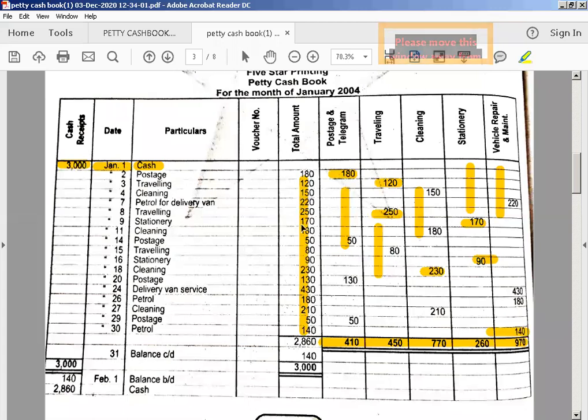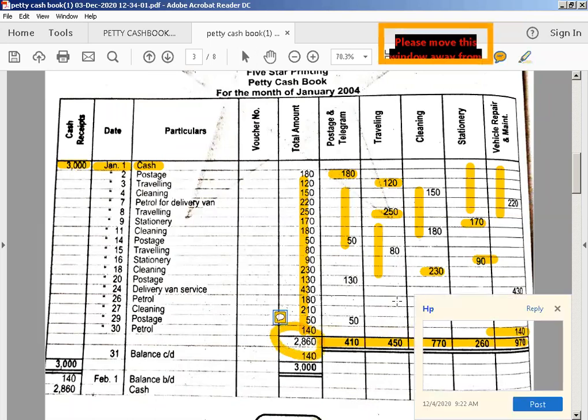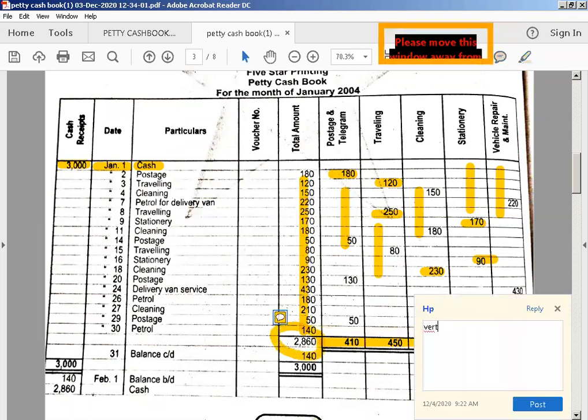So the totaling of your vertical column and the totaling of all the horizontal columns should be equal. Okay, this should be equal. What I'm saying is that the amount after the vertical and horizontal totaling should be equal.